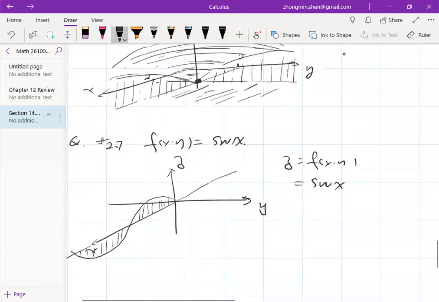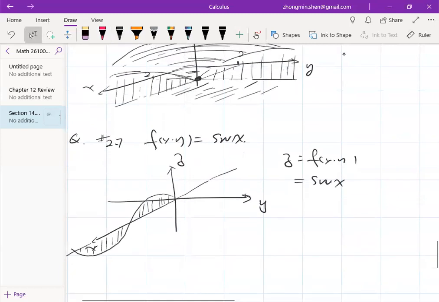Since there's no restriction on y, that means you can extend it. Now it's harder to draw, right? So for another y value, you will get something like that.